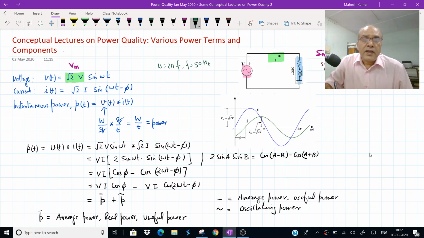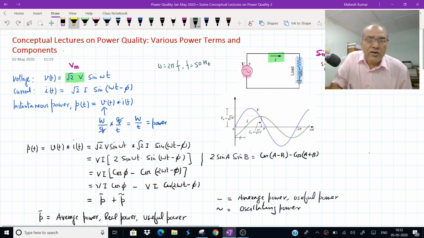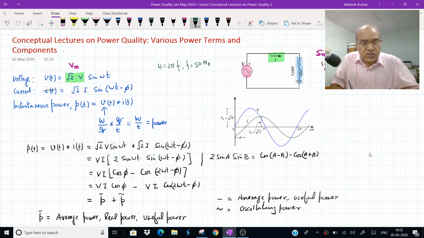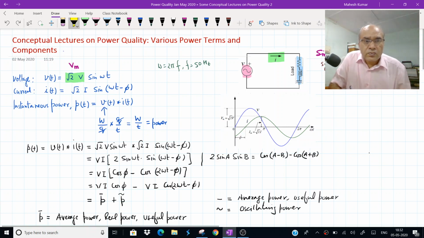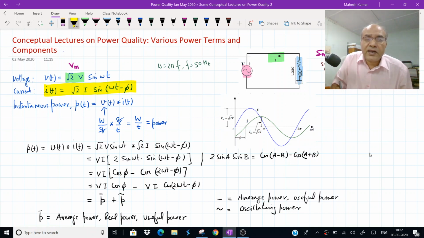Once we apply a voltage across the load and the circuit is closed, the current flows. The current can be expressed by root 2 I sine omega t minus phi. This is true in general. So you may have different magnitudes and different phase angles depending upon the impedance.